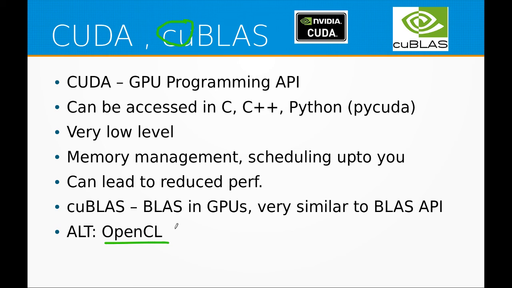But it's in beta form, and not many people use it, and it's still in development and not as performant as cuBLAS. But as far as I know, Theano has partial support for it, and they're working on making sure that they have better support for OpenCL. So that's something you can check out if you want a completely open source deep learning stack.